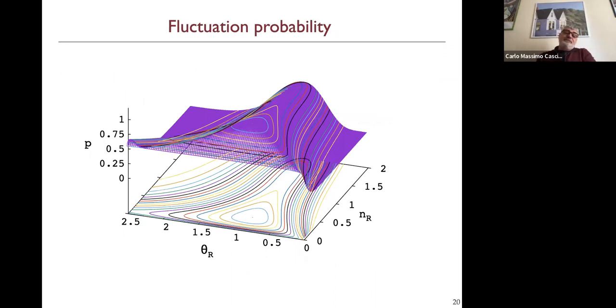Now, what you see here is an example for which that probability can be worked out explicitly. The equation of state that I was using in this case is the van der Waals equation of state. And what you see here is the probability of having, locally at a certain position in space, a fluctuation in temperature and number density. If you look at the shape of this surface, you see that this probability presents two distinct maxima.